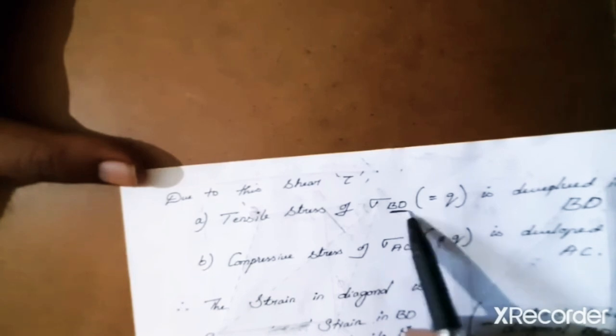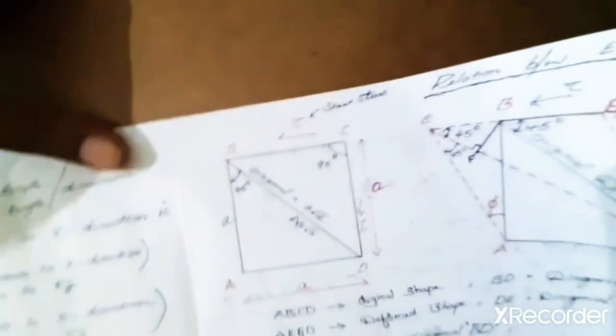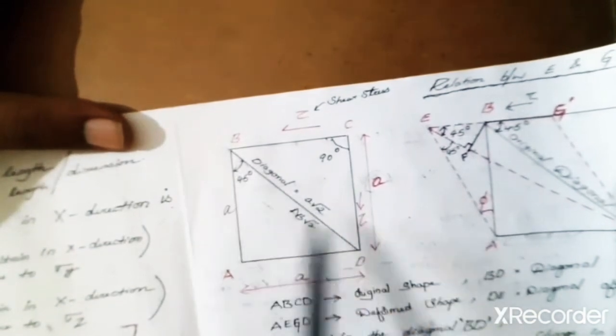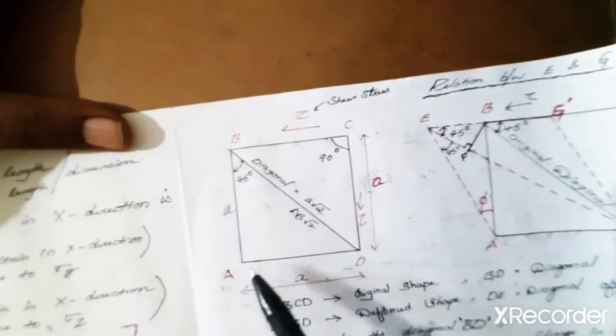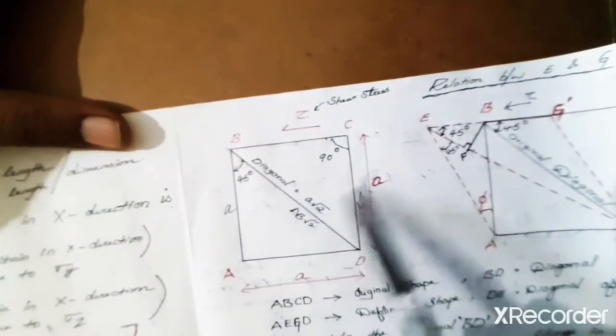So now because of the shear stress which is acting on this body at the top of the rectangular body, as you know, BD is the diagonal and AC is the other diagonal from the figure.